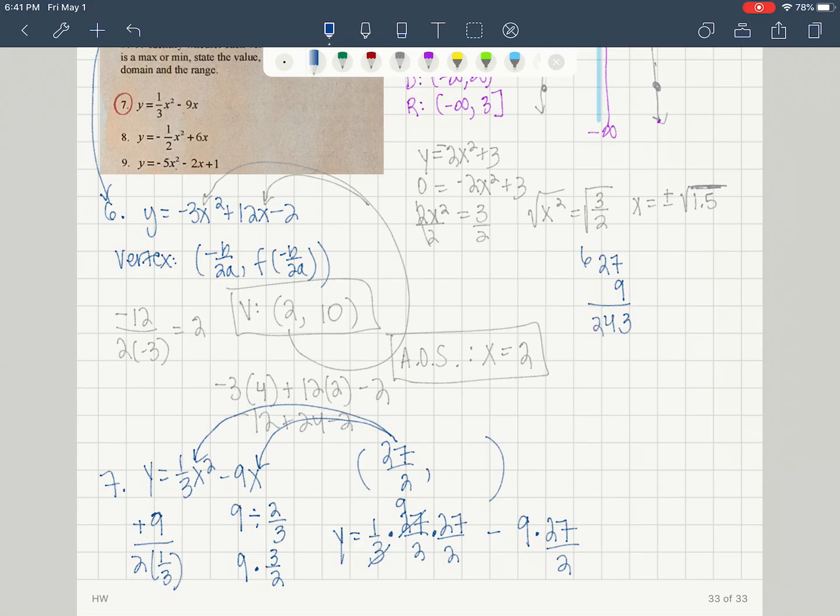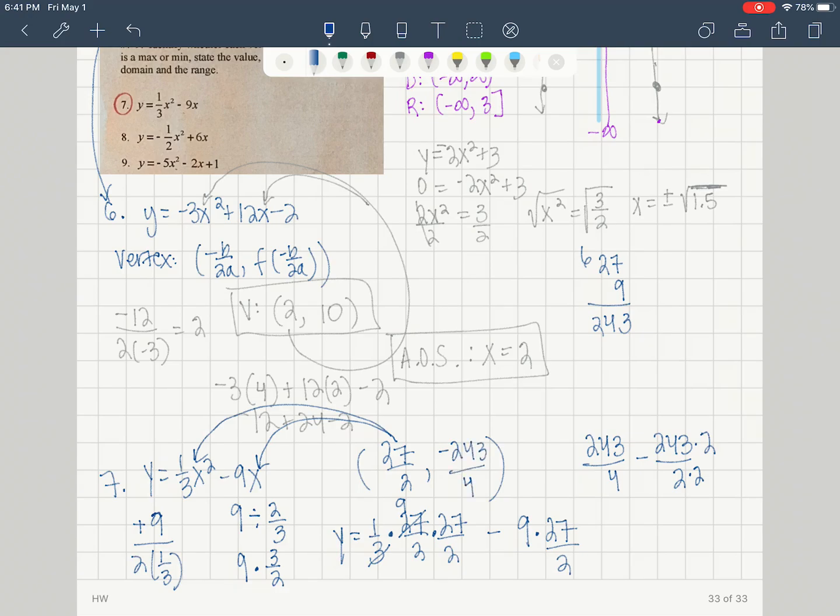I'm getting 243 over 4 minus 243 over 2. So I need another 2 there. I know exactly what I'm going to end up with. I'm going to end up with 243 over 4, a negative. So that's going to be negative 243 over 4.